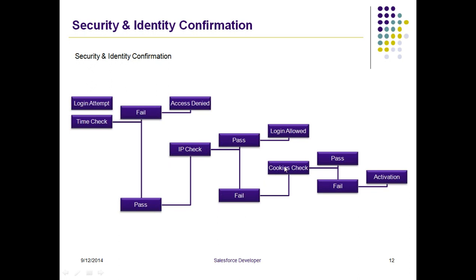Then it will come to the cookies check. In the browsing history it will find the information that this guy tried to log in from this computer and successfully logged in yesterday. So if it finds that you have already logged in from that system, it will allow you to log in. So tomorrow I don't have to go to the activation step, it will allow me to log in from here. Correct?